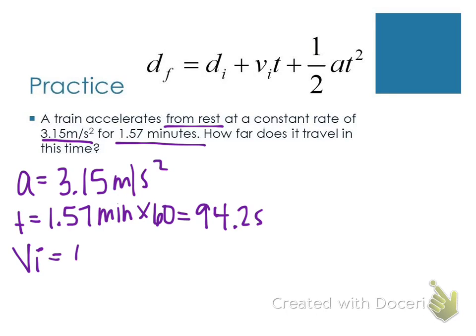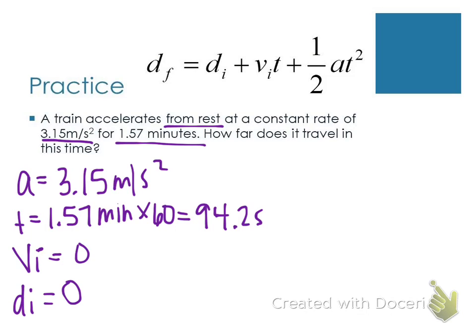And what about displacement initial? That's right, d sub i would be 0.